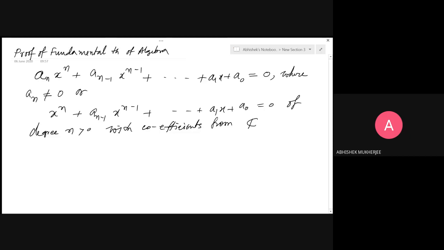And the conclusion is that this equation must have a root in C.